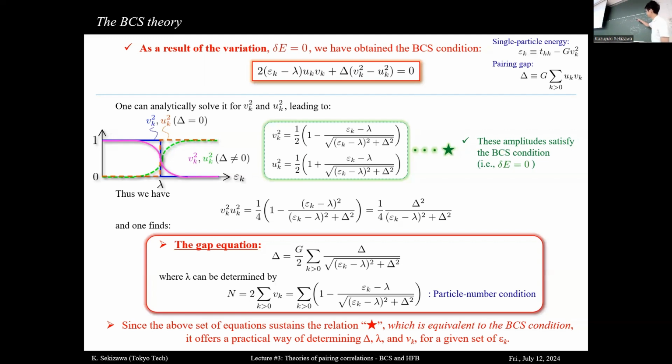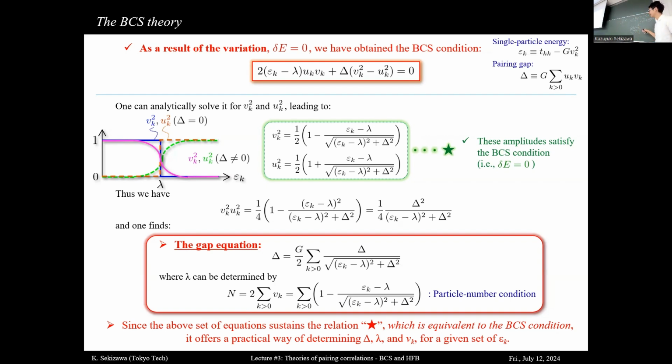And then we can get the mean field potential and single particle energies and solve the BCS equations. In the nuclear physics community, this kind of method is called Hartree-Fock plus BCS.